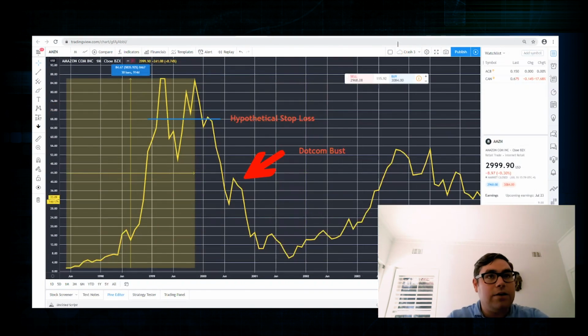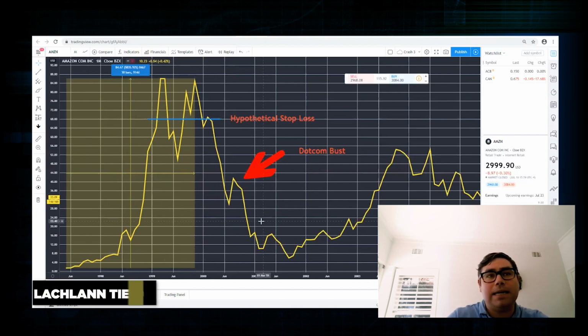What we have here on the screen for you today is the Amazon share price from its IPO in 1997 through to the dot-com bust. Now, as you can see, it had an immense run up, over 5,000% gain, and then if you'd set a stop loss at about 20% of that gain, you would have looked like a very intelligent investor after the dot-com bust played out.